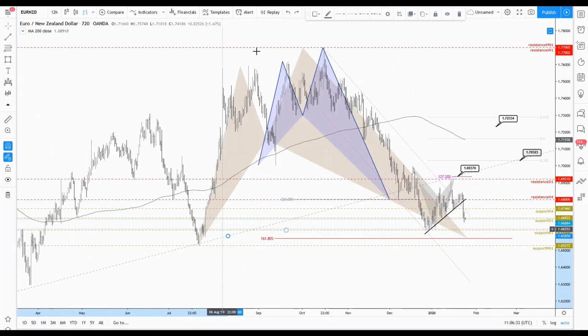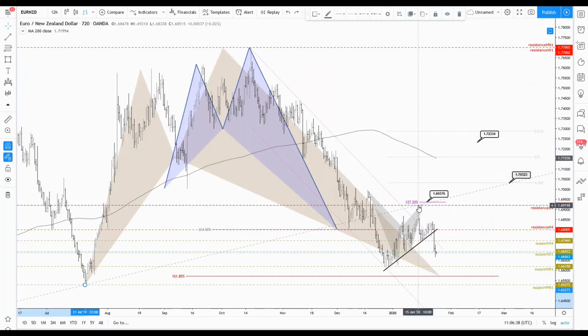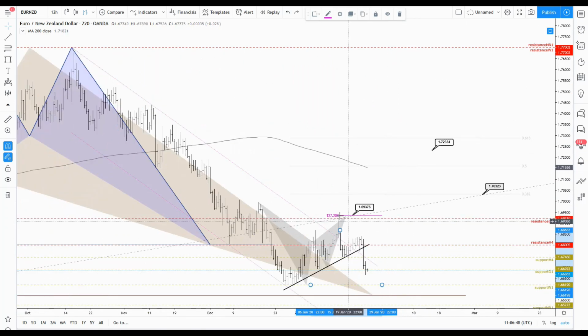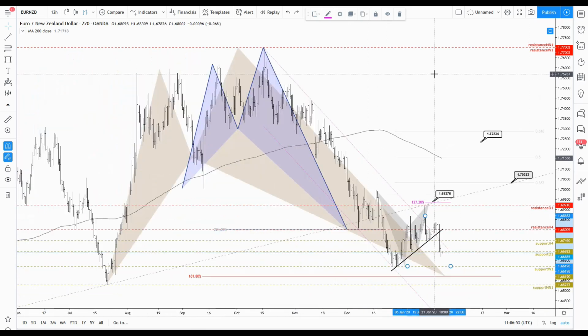It was a support, obviously, and a retest of that trend line may offer you a nice opportunity to go short. That being said, projected at the trend line or very close to that trend line, we have a bearish Gartley pattern. The market has failed just by a few points, but we take an idea, a retest of the trend line may offer you a nice opportunity to go short.